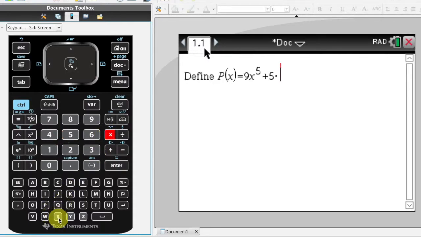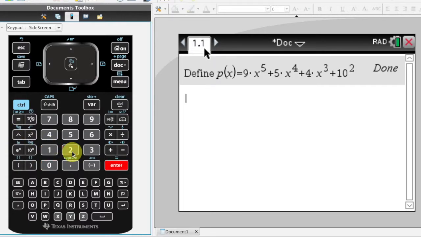And it's a good habit to put times in, so it's always the best thing to do. 5 times x to the power of 4 plus 4 times x to the power of 3 plus my 10 to the power of 2. Now we know that that's 100, but that's what we've got.